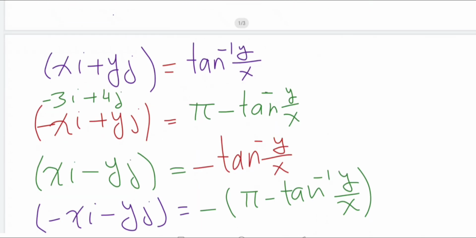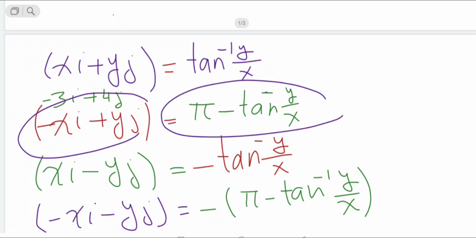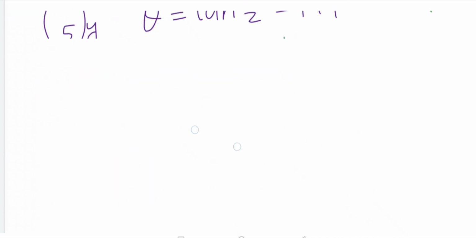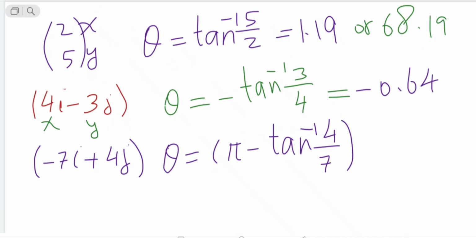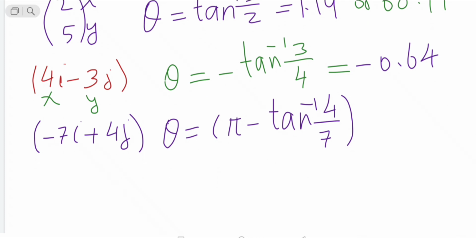If x is negative, this is the rule. Okay, let's see. So we'll put it in the calculator, the answer I'm writing in radian, 2.622. Okay, sometimes they ask you to write the answer in 2 decimal places, so 2.62.